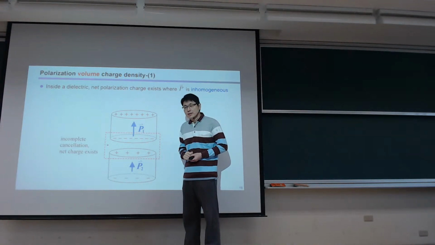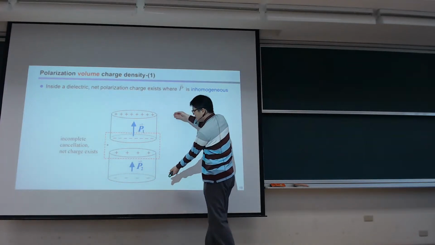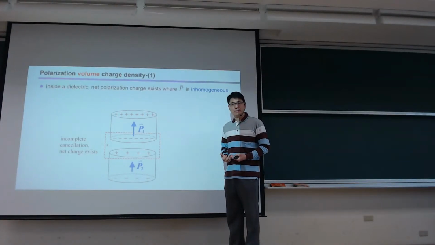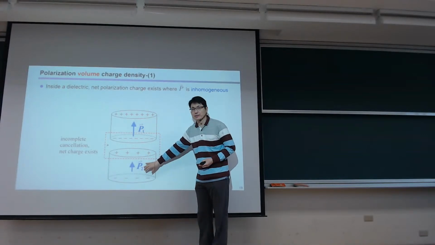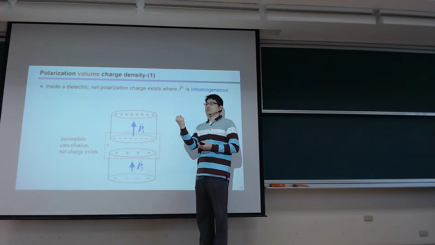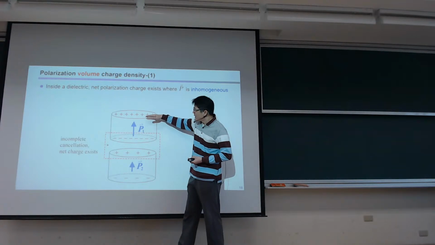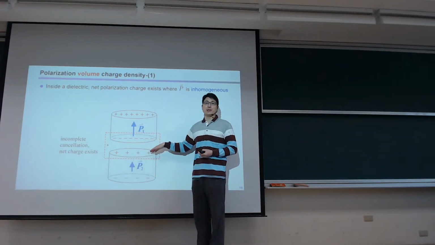Okay? So for this case, as a material on the bulk, on the macroscopic view, because I have different materials making up this matter, I have some net charge within the material.